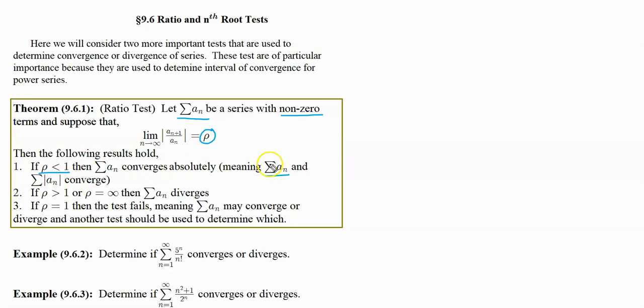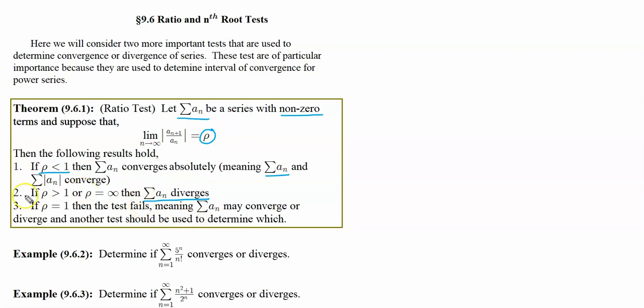So both of these series converge. That's a little bit stronger than saying just the a_n series converges. You're also saying the series of the absolute value of the a_n's converge. We also have this case. On the other hand, if rho is bigger than 1 or rho is equal to infinity, then the series diverges.